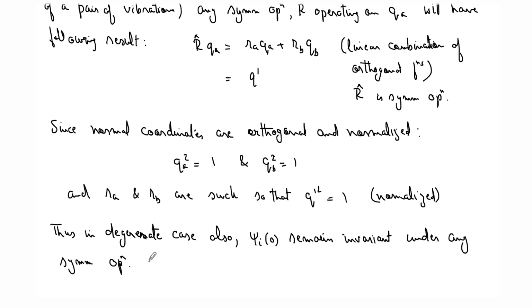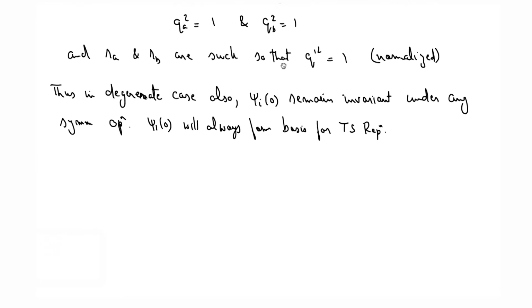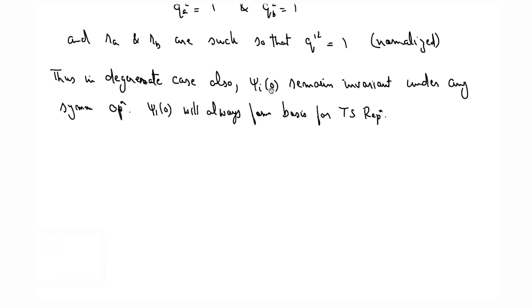So that means psi i 0 will always form basis for totally symmetric representation, right? So whether it is 1D or 2D, psi i 0 will always form basis for totally symmetric representation, right? So now we know the IR representation for psi i 0.